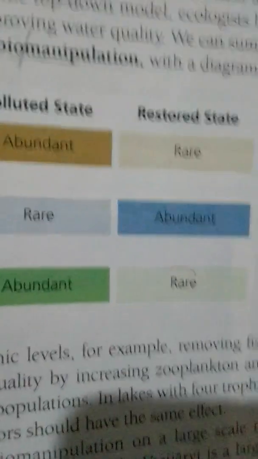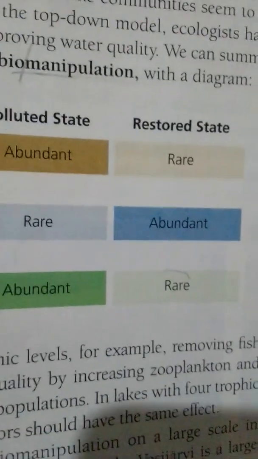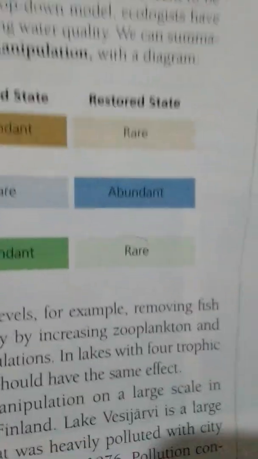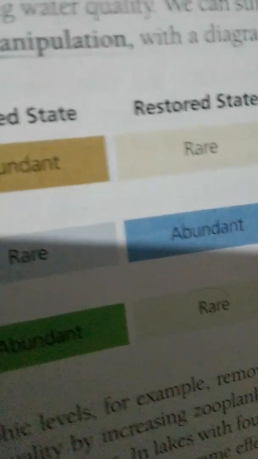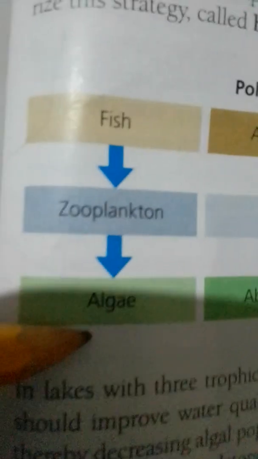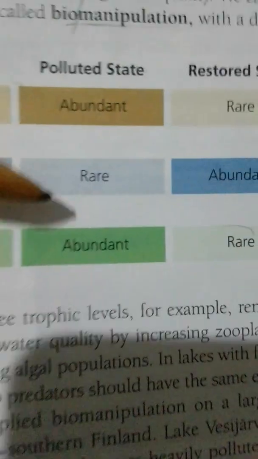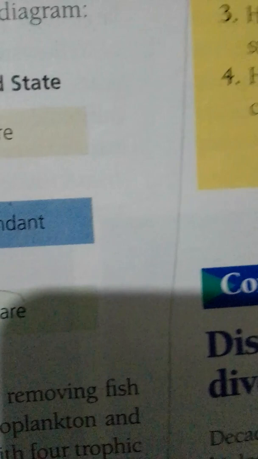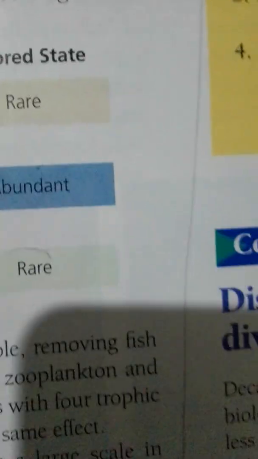We can summarize the strategy, called biomanipulation, with a diagram. Notice that fish, zooplankton, algae: polluted state, abundant, rare, abundant. Restored state, rare, abundant, rare.